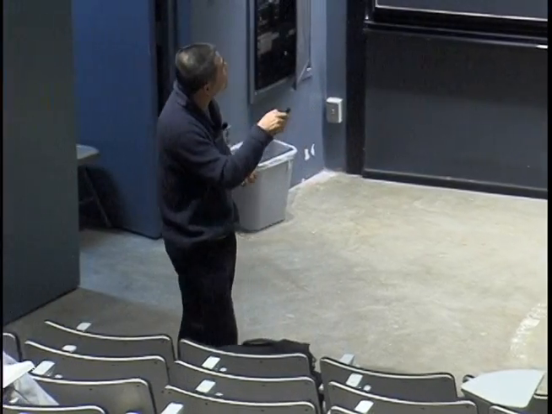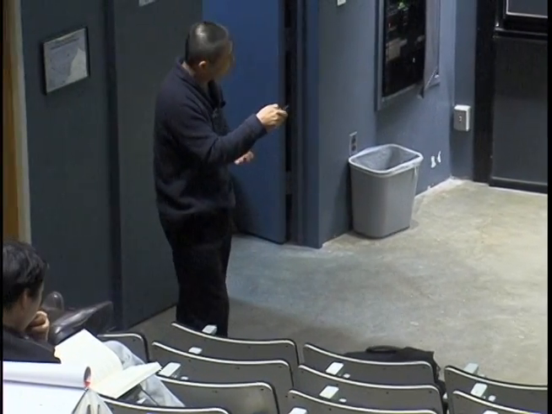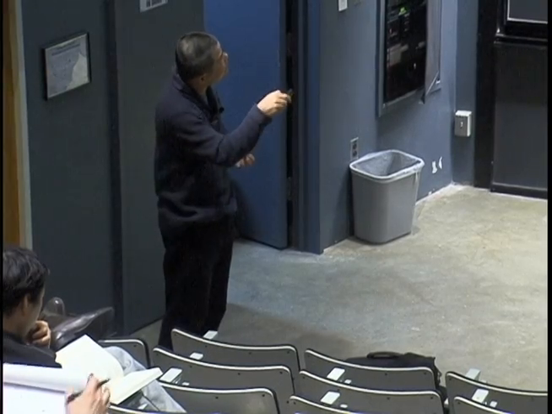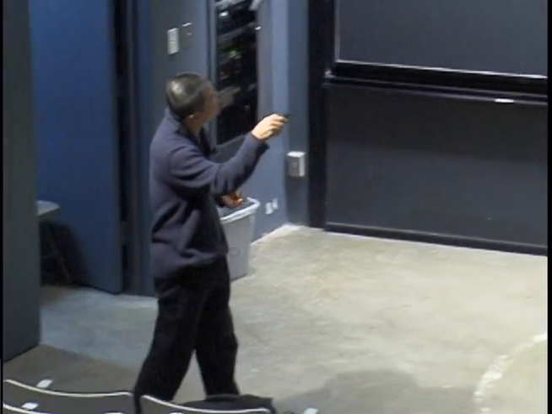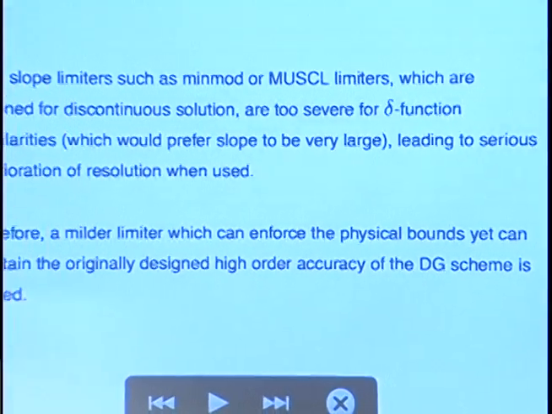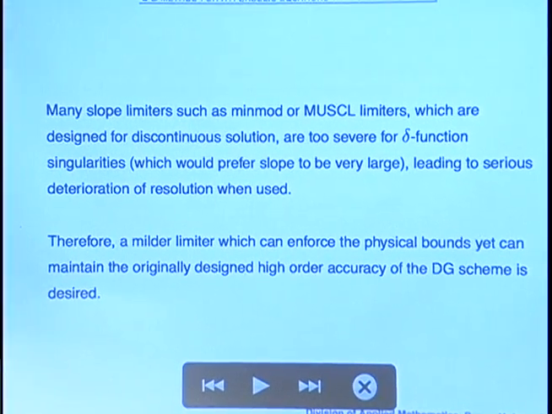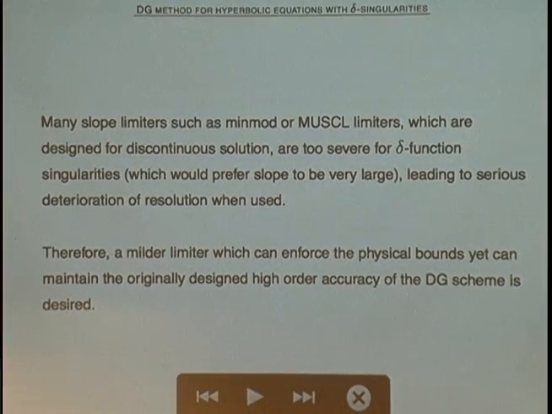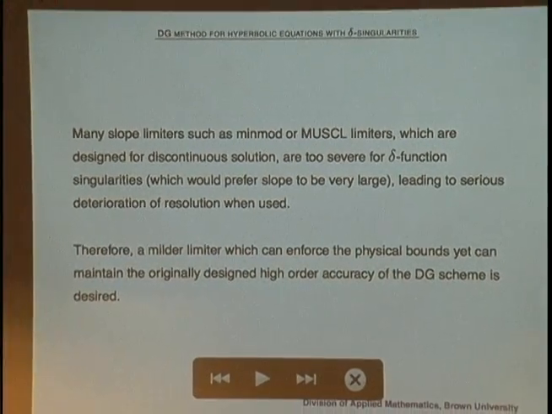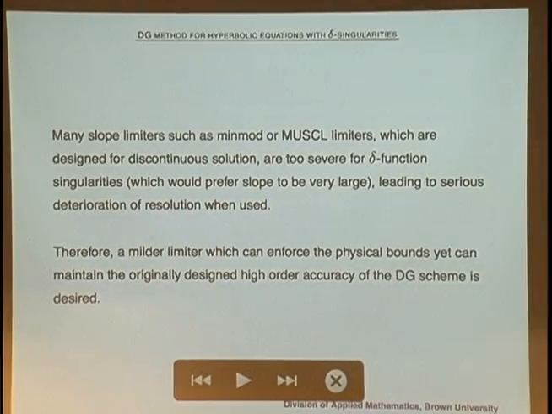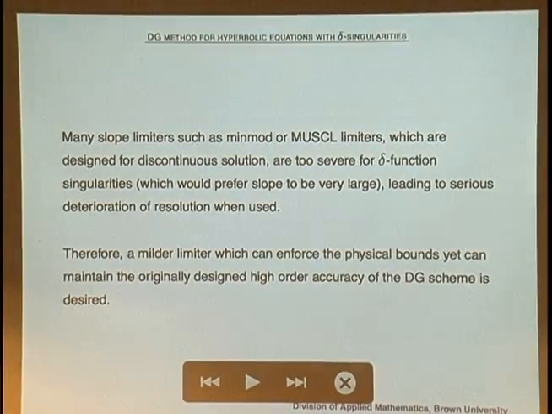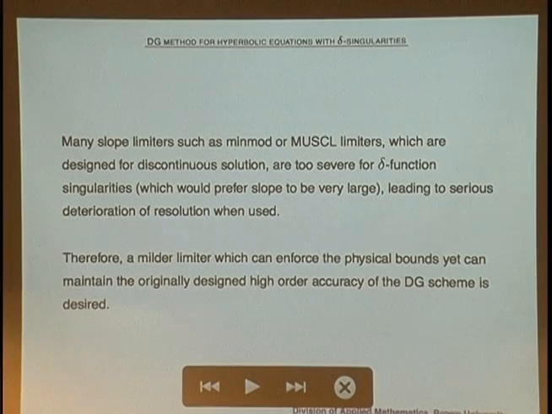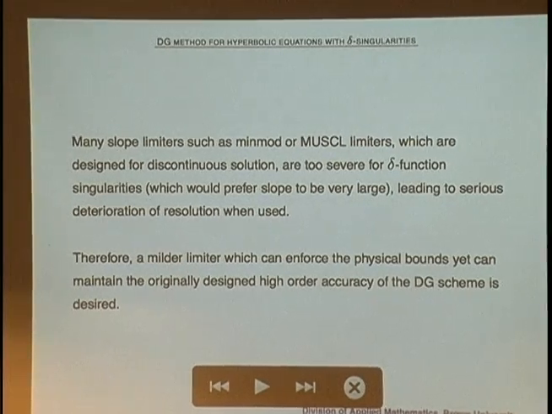So this is extremely useful in this context. Like I mentioned, if you use the usual limiters like the minmod limiter or other limiters on delta functions, they smear. The minmod limiter is a slope limiter. Basically, it says if the slope is too big, I flatten it. So this limiter is very, very popular in CFD, in computational fluid dynamics, for problems containing just discontinuities, shocks.